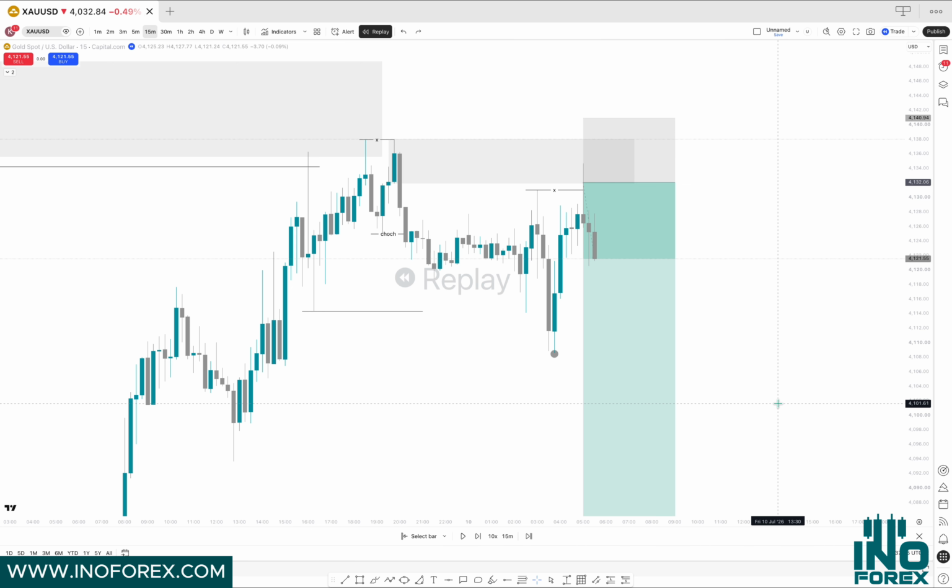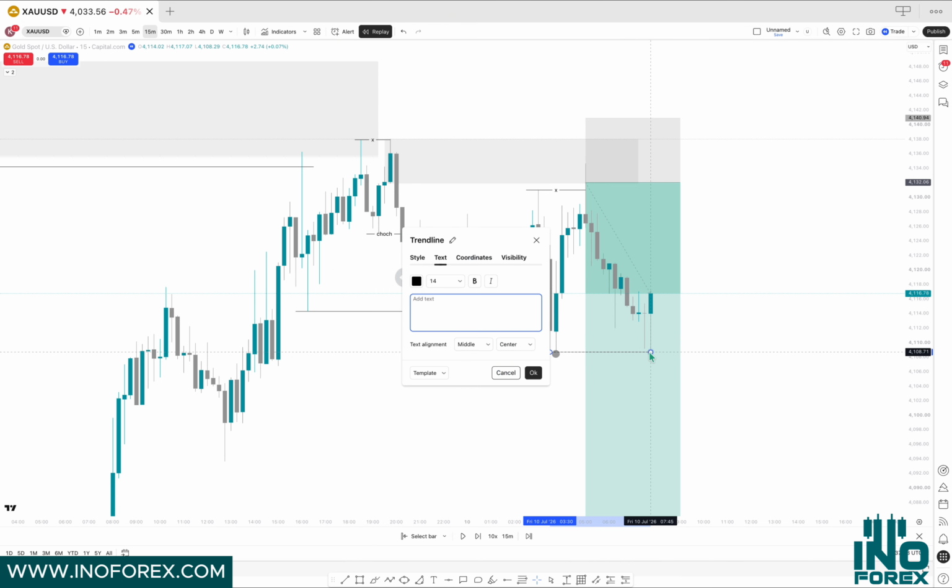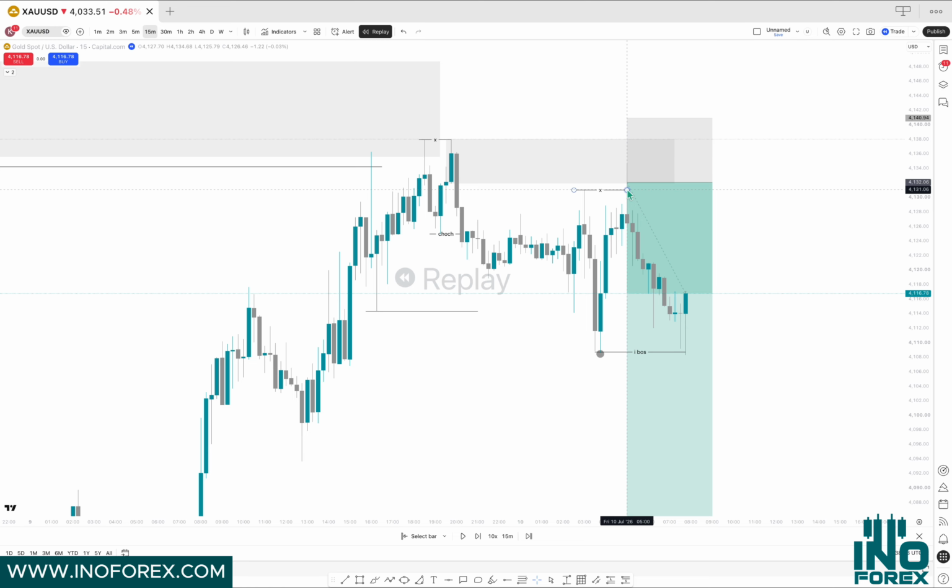So let's see. As you see, the market breaks this lower low. This is an internal break of structure. Because the market takes inducement and the market mitigates this order block, we can enter this order flow.